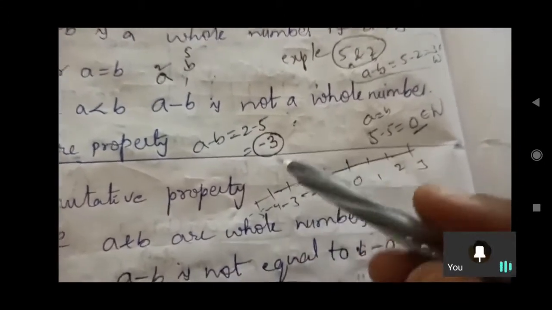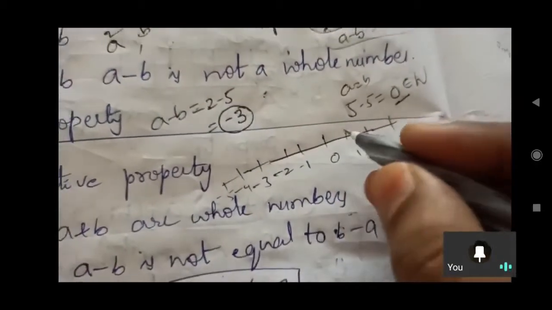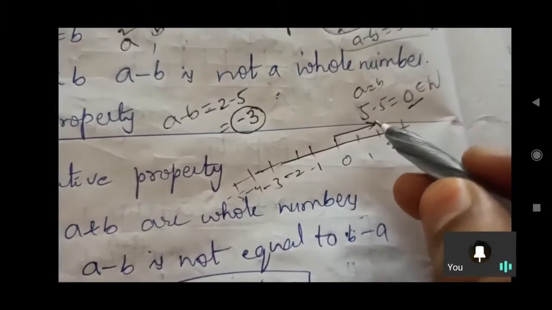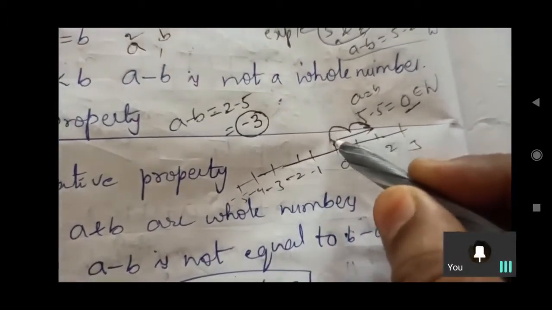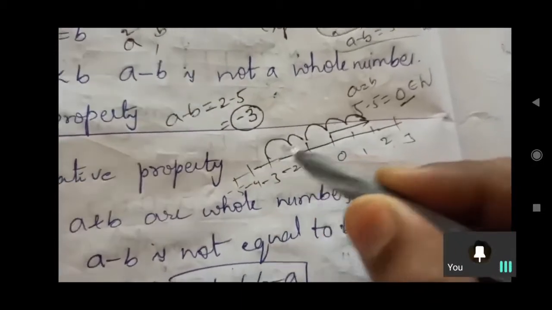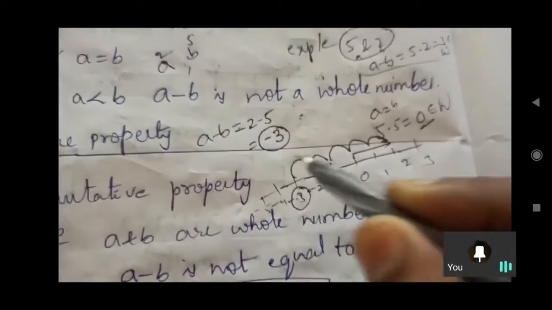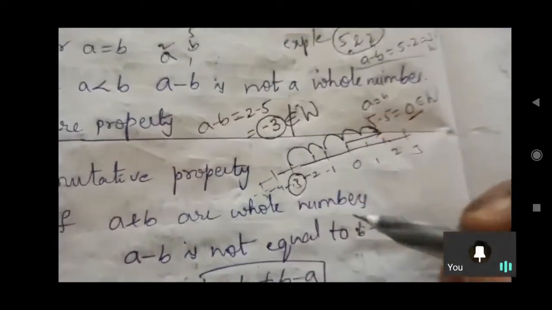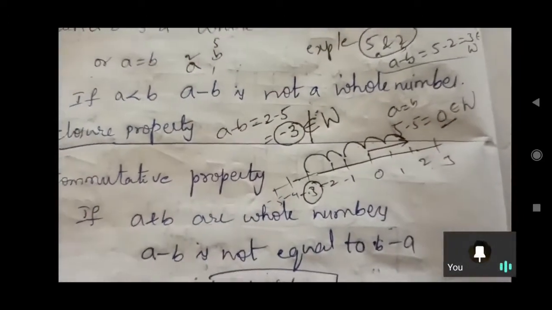So first take 2 steps front, right side. And from here 5 steps left side means negative: 1, 2, 3, 4, 5. So what is the answer? Minus 3. Minus 3 does not belong to whole numbers. It is an integer, a negative number.